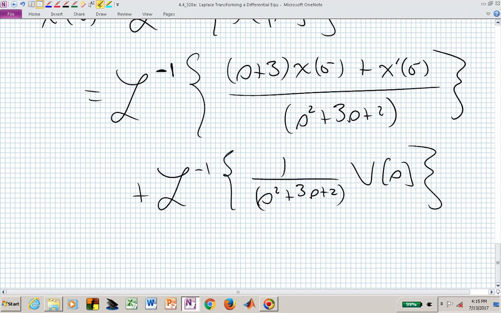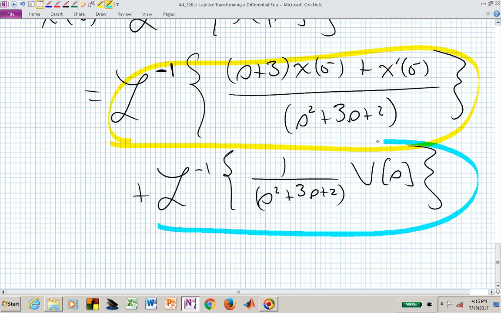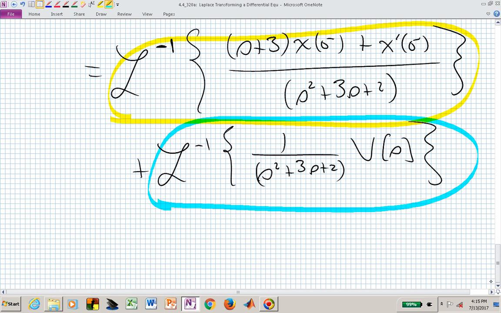And if you're familiar with differential equations, now you can see that we have two different pieces, or two different component parts, making up our time domain expression, little x of t.